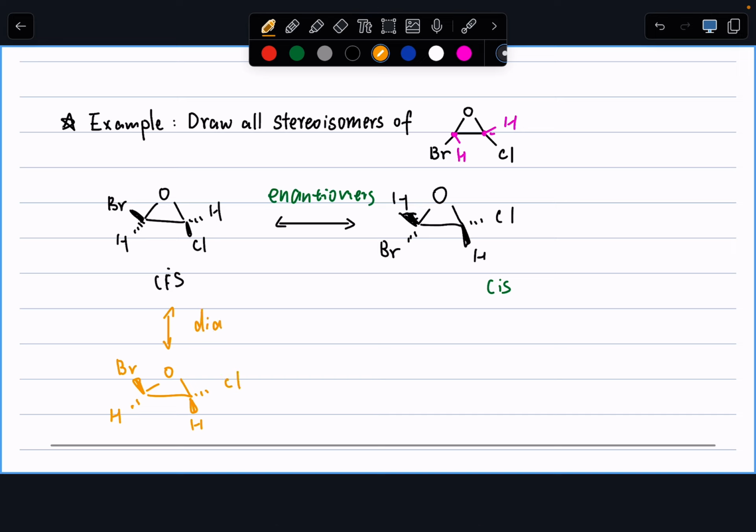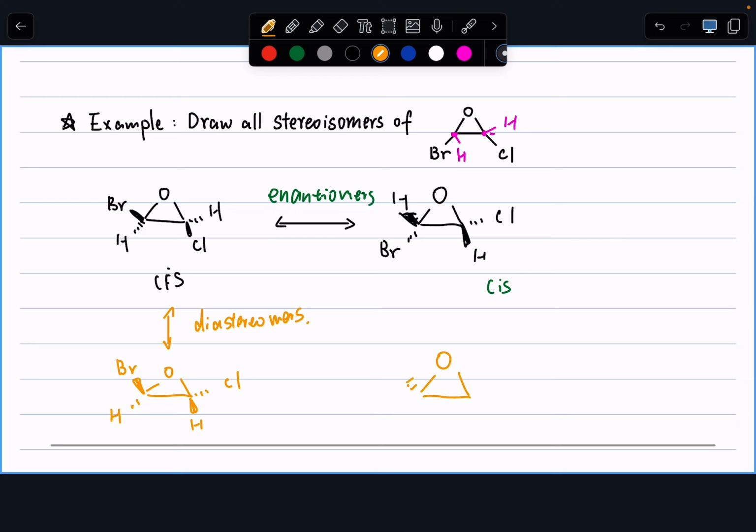And these will be my diastereomers. Yes? So for the top one, if you change the left to the hydrogen just being a wedge and the chlorine just being a dash? Well, that's the last one we're drawing.